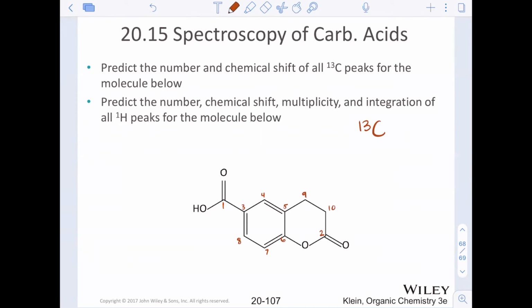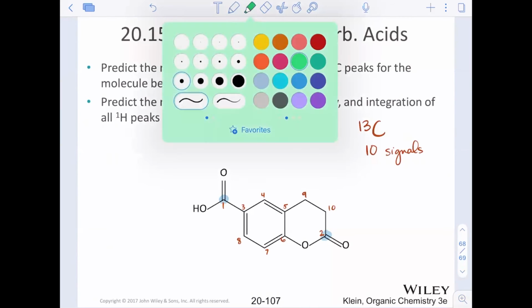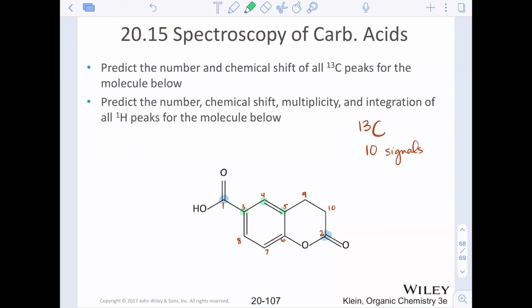So there are 10 carbons. They will all be different. We'll see the furthest downfield will be 1 and 2. The ones right in the middle will be 3, 4, 5, 6, 7, 8. And the furthest upfield will be 9 and 10. Beautiful.